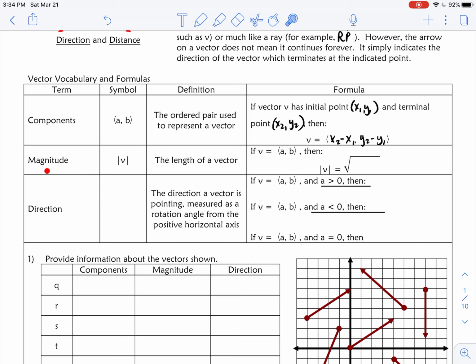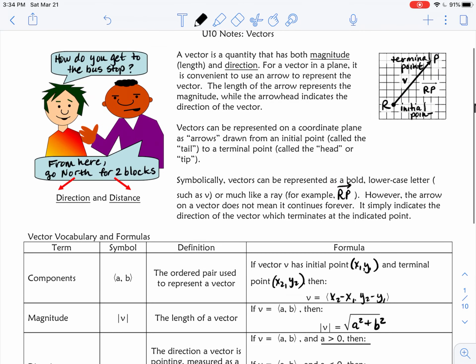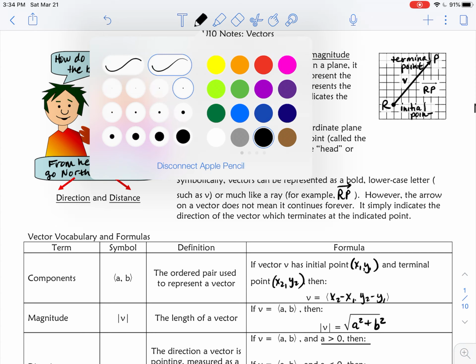The length or the magnitude uses these absolute value bars. If v is equal to the components a, b, then for the length or the magnitude, we use the Pythagorean Theorem. So this would be the square root of a squared plus b squared. Let me show you what that looks like on this vector above.